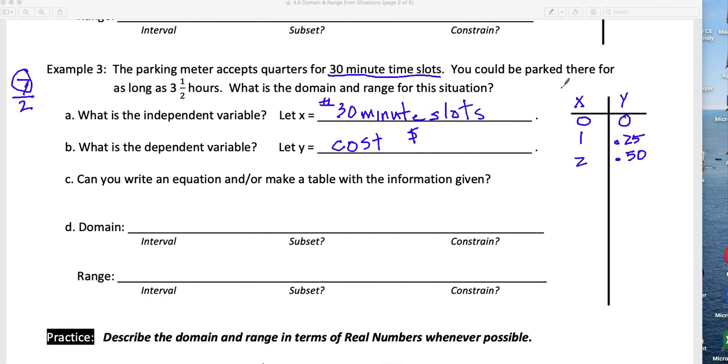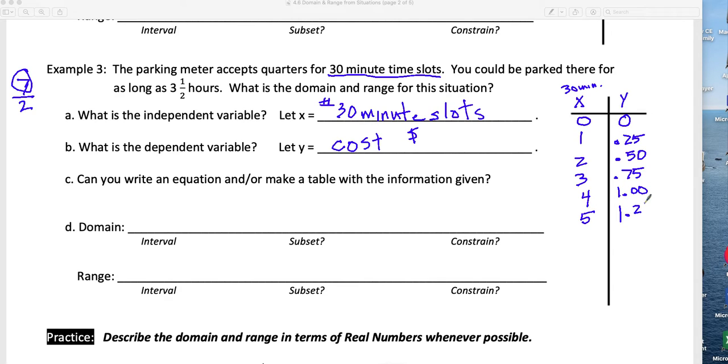Remember, these are 30 minutes. Okay, so if I go for 3 30 minutes, this is going to cost me 75 cents. If I go for 4, it's going to cost me $1. These are going up by quarter, which is 25 cents every time. If I stay there for 5, it's going to be $1.25.